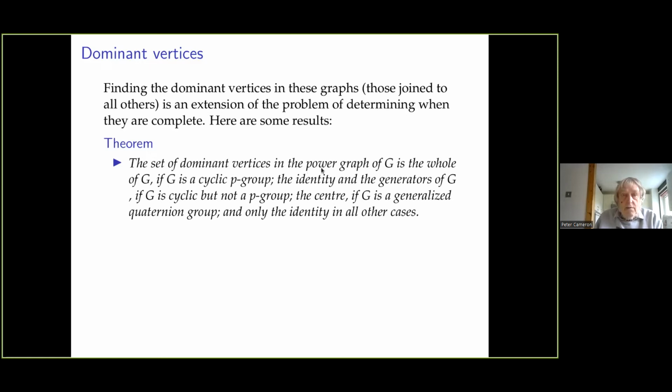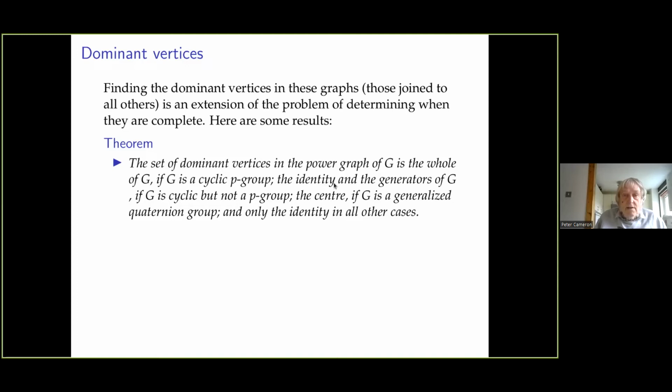The dominant vertices in the power graph are a little bit complicated. If G is a cyclic p-group, then the graph is complete, so every vertex is dominant. If G is cyclic but not a p-group, it's the identity.